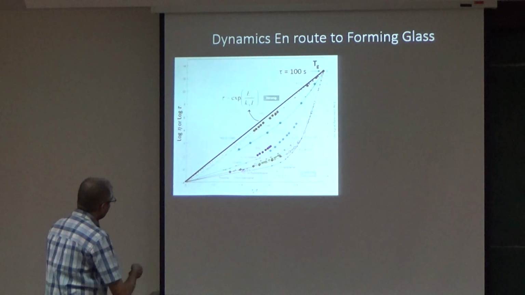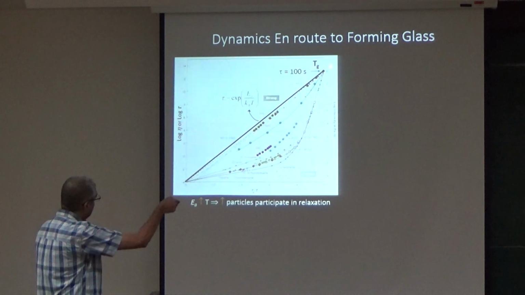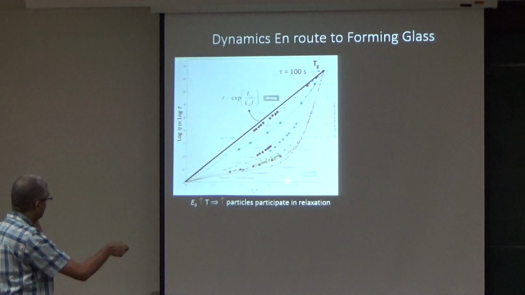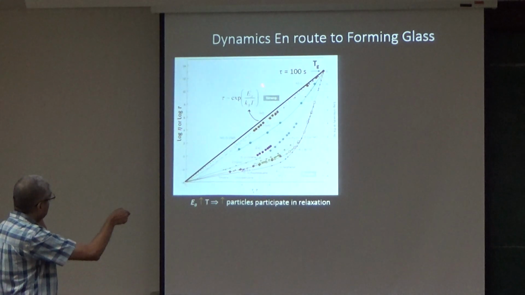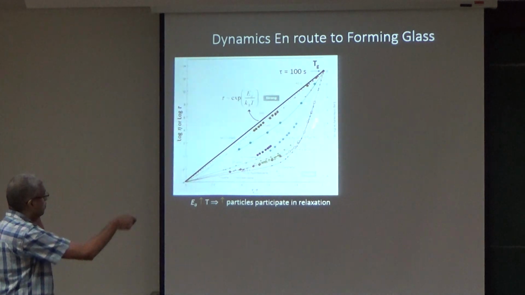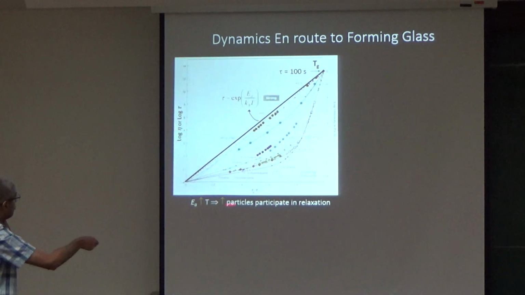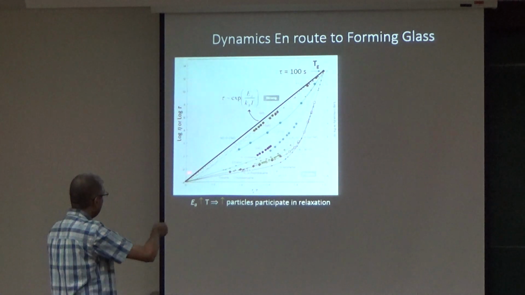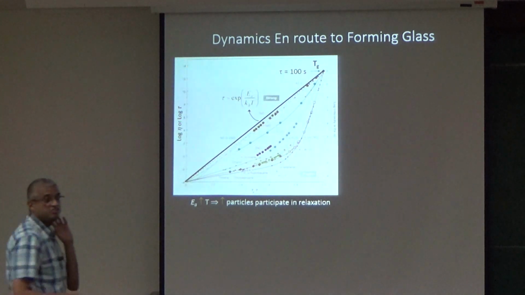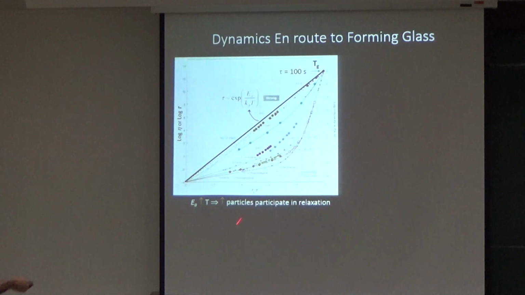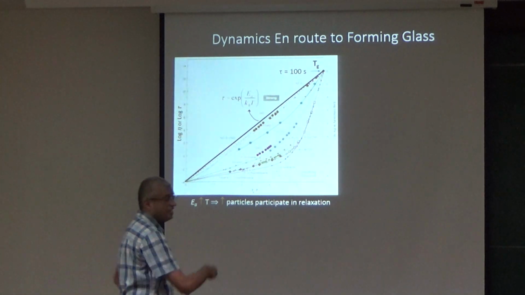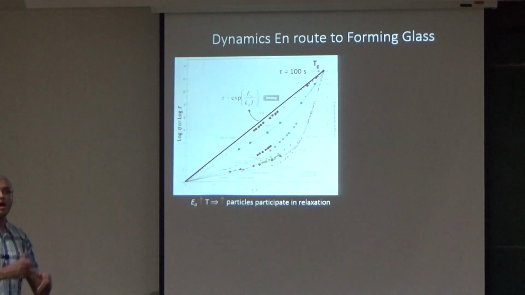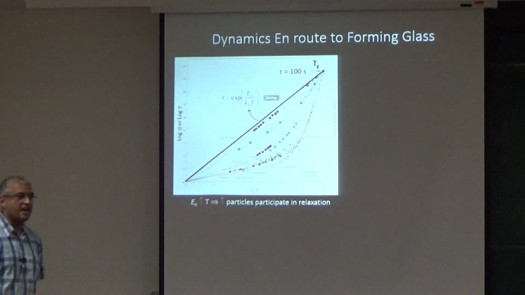But what's interesting is that if you look at this branch, on a log-linear scale, you basically have the activation energy changing as you approach this, and these are called fragile glass formers. You don't have a simple Arrhenius scaling. You have the slope of this curve changing constantly, so you have the activation energy changing. And the only way you can reconcile this change in activation energy is if you assume that more and more particles come together to basically relax the liquid.